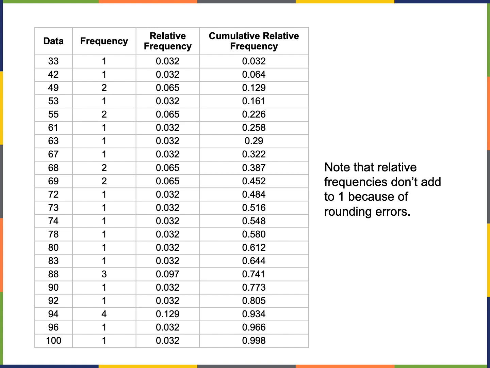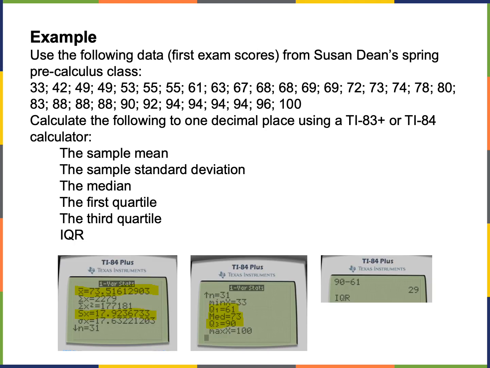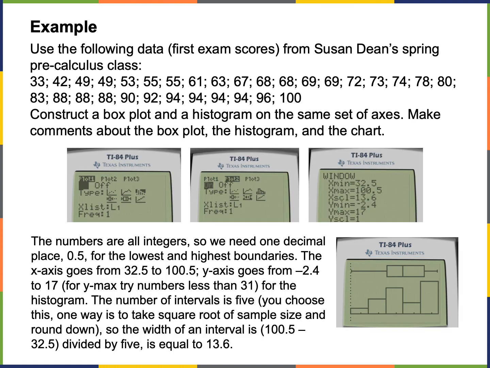Okay, so the next thing for us to do is to calculate the statistics, right? The sample mean, the standard deviation, median, first quartile, third quartile, and we know how to do that. We've gone through how to do this, as well as creating a box plot and a histogram.